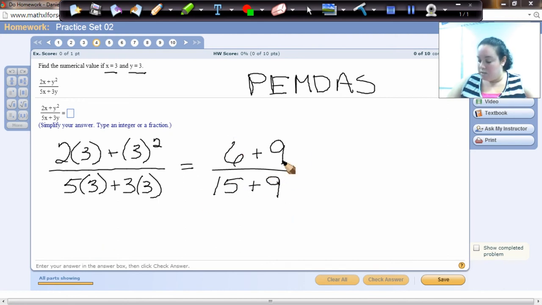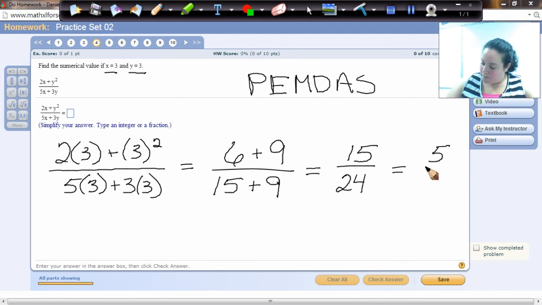So you can't cancel until you add first. Okay, so we'll add first. So 15 over 24, and then we'll reduce to get 5 over 8, and that would be the answer.